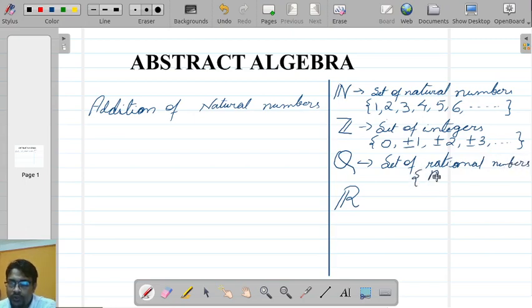The numbers of this type: the set of p by q such that q is non-zero, and p and q are both integers, that is, p, q belong to Z. The denominator is non-zero, because we cannot divide anything by 0. And R is the set of real numbers.